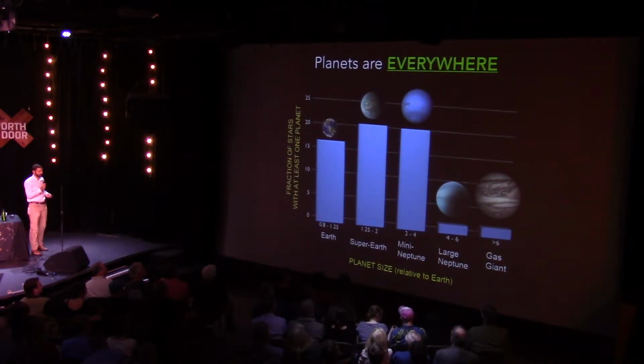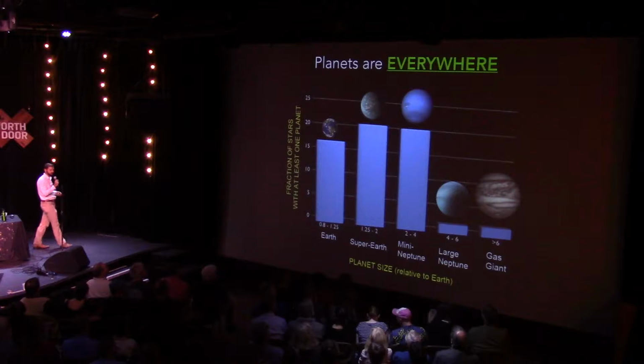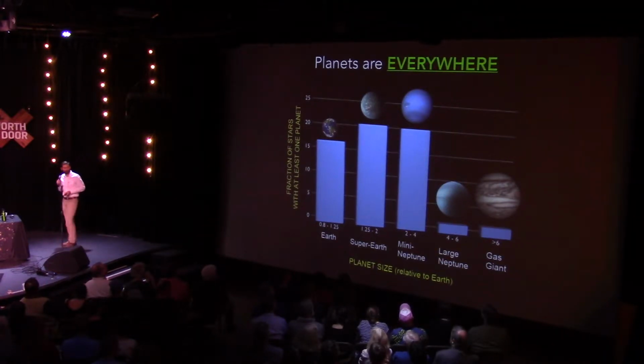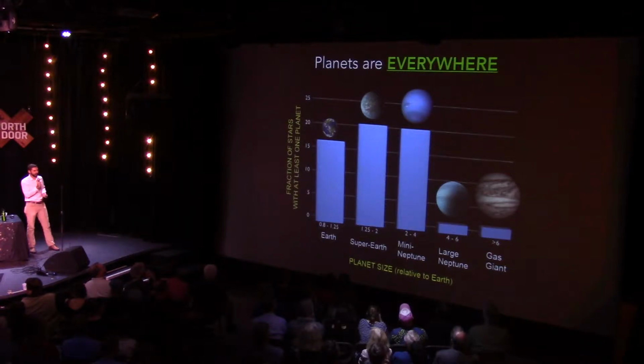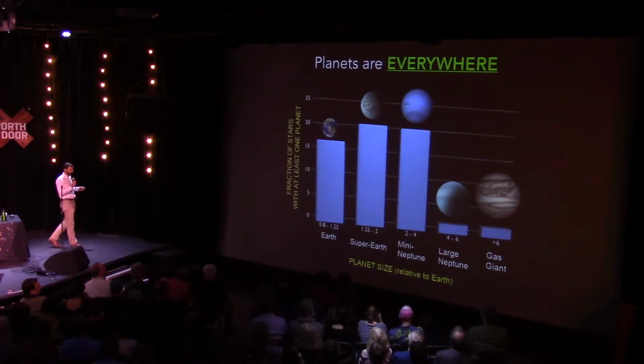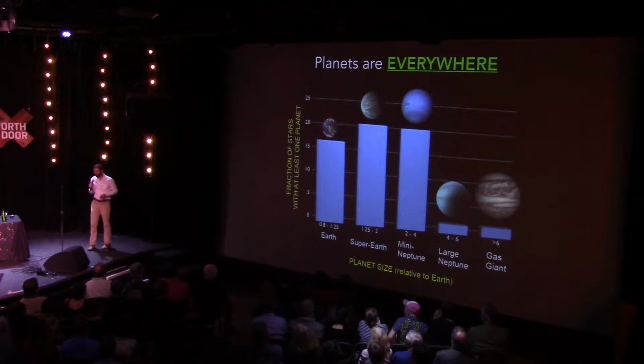So gas giants are relatively rare, but Neptune-sized planets and below, especially mini Neptunes and super Earths, a little bit larger and more massive than our own Earth, are incredibly common. So the point here is that the frequency of rocky planets is not 0.1%, it's not 1%, it's of order 20%. It's incredibly high.